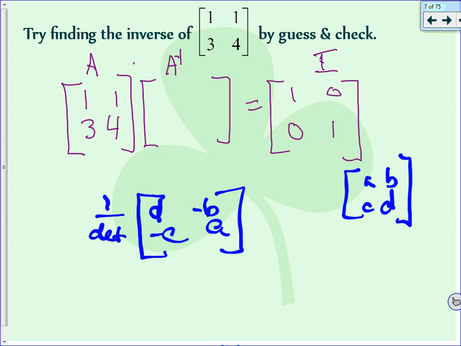Couldn't you just set up an equation for this? Like, if we didn't know that that's what it was. Yep. Or you could just kind of bounce around with it. Right. So here, if we flip-flop the D and the A, the 4 goes here and the 1 goes here.